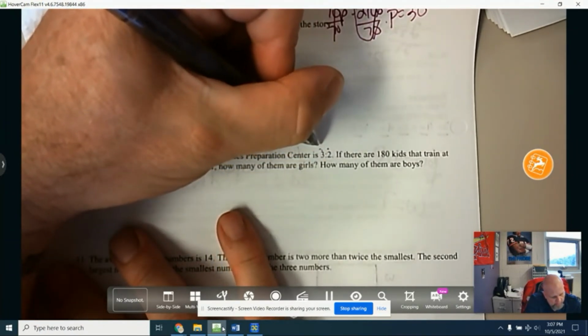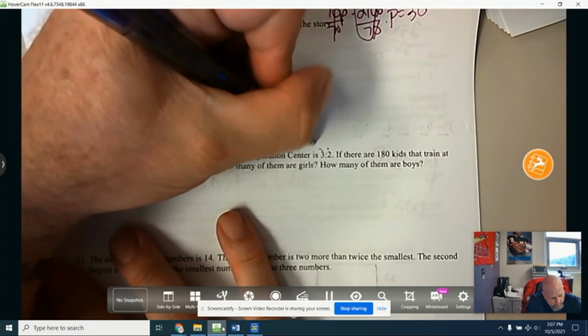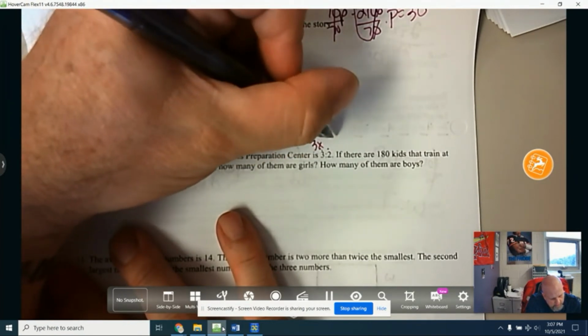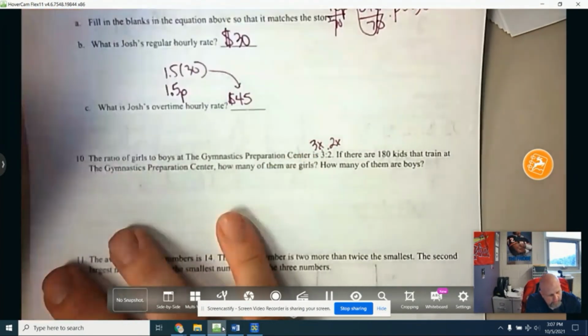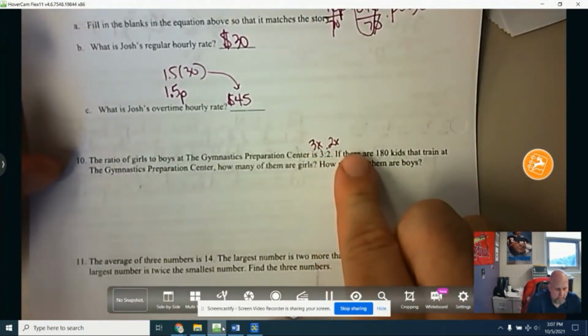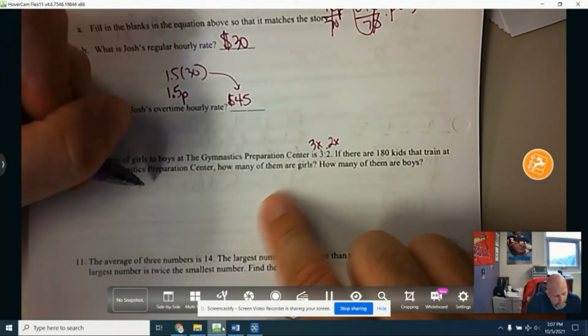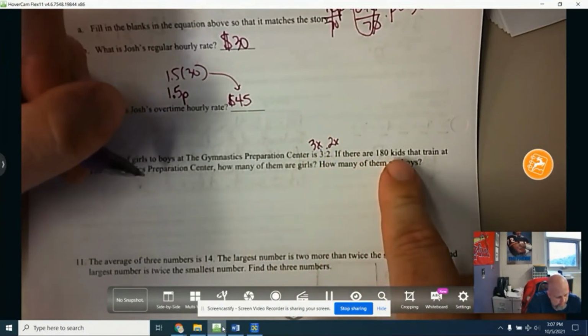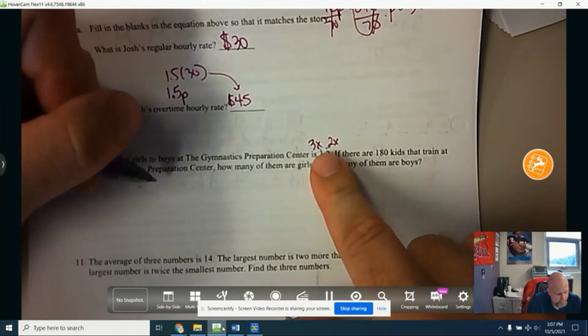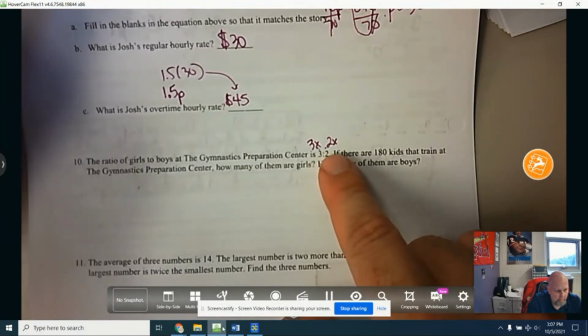So what we want to do is we want to say this: 3x, and then 2x. So I'm just putting an x on the numbers they give me for the ratio. Now I know that altogether there's 180, which means altogether I have to add them up.